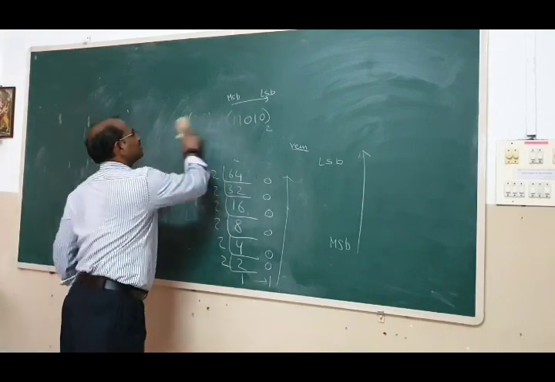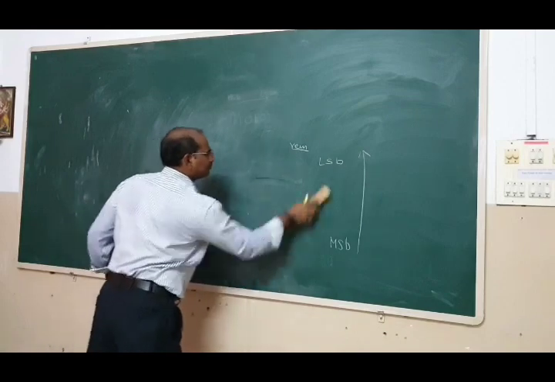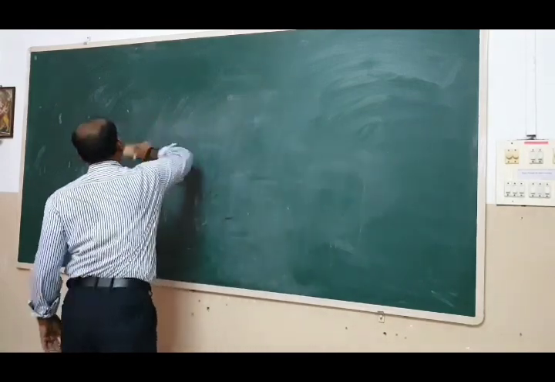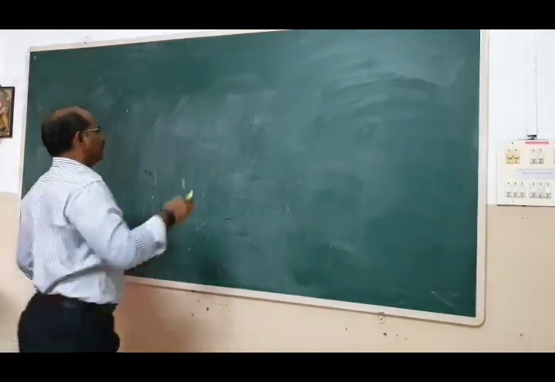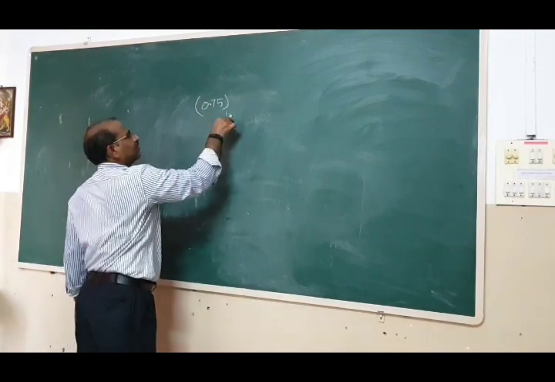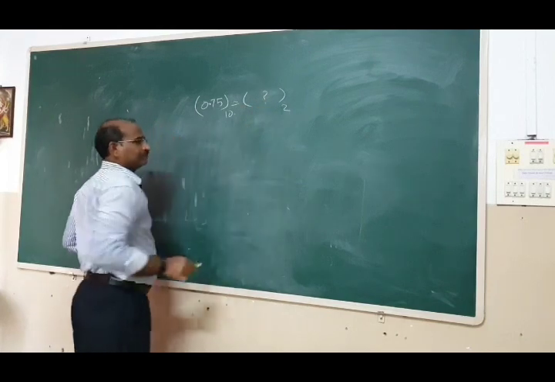Now let us discuss how to convert a fractional decimal number, say 0.75, into a binary number, right?